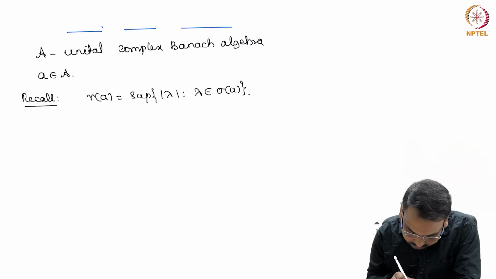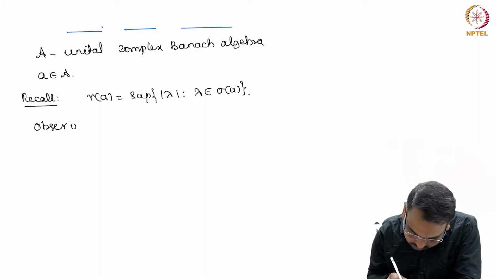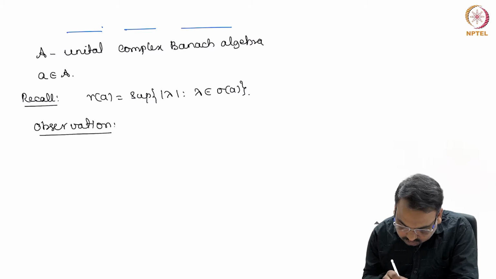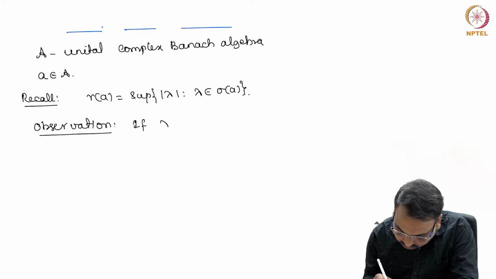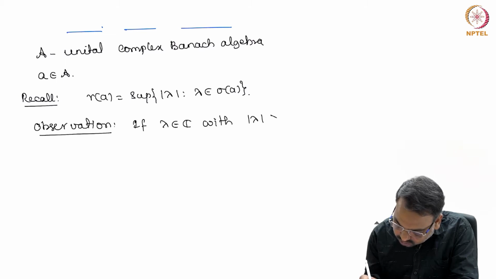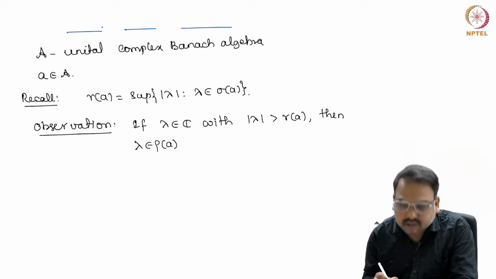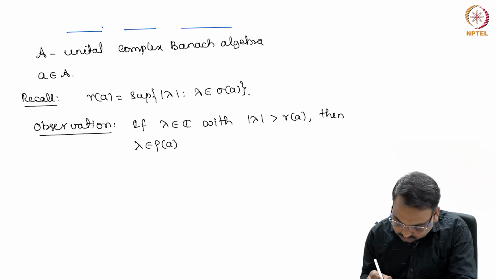So if you take any lambda in C whose modulus is bigger than the spectral radius of a, then we can conclude that lambda is in the resolvent of a, or we can say that a minus lambda times 1 is invertible.